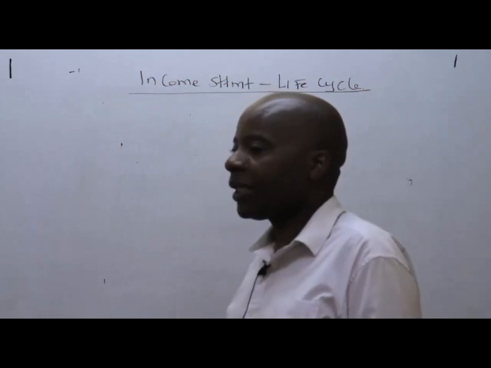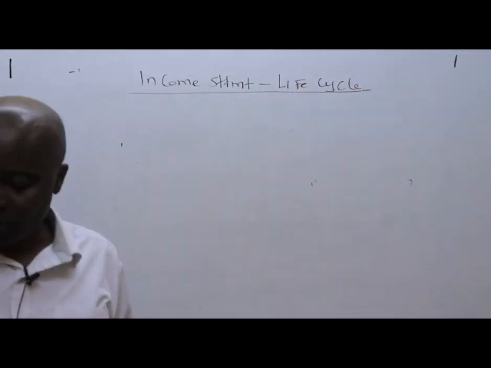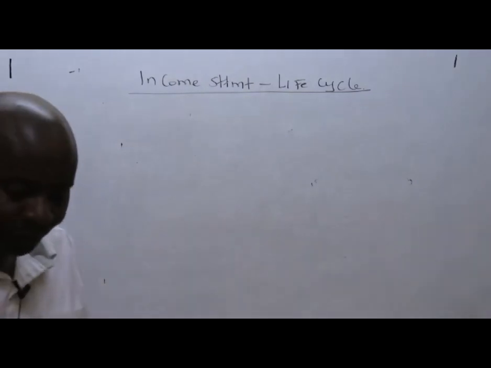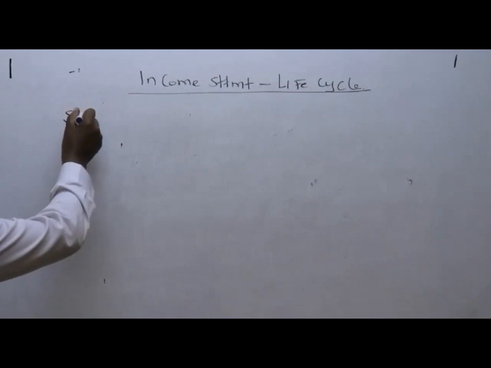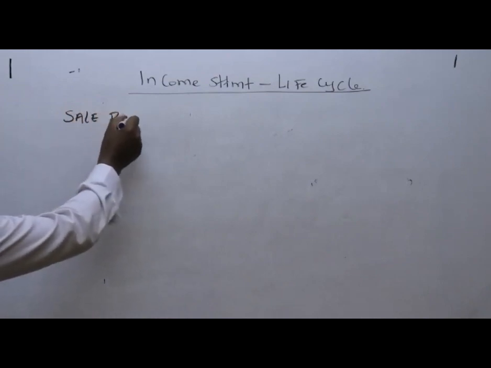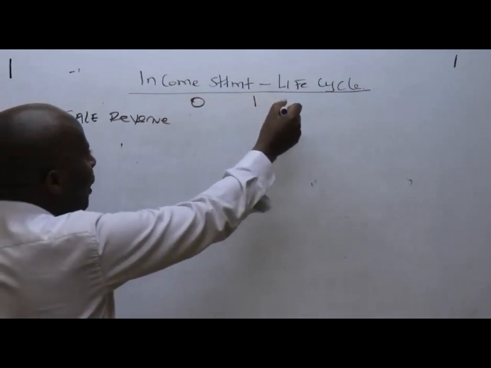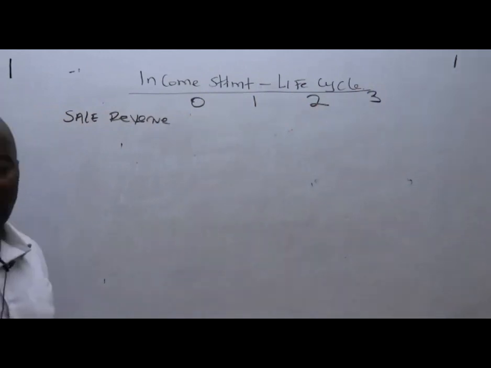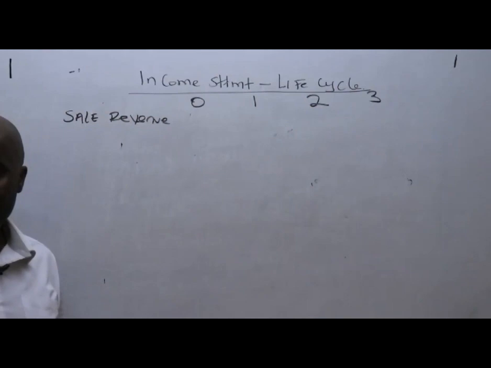So we start with sales revenue. We have year 0, 1, 2, 3.